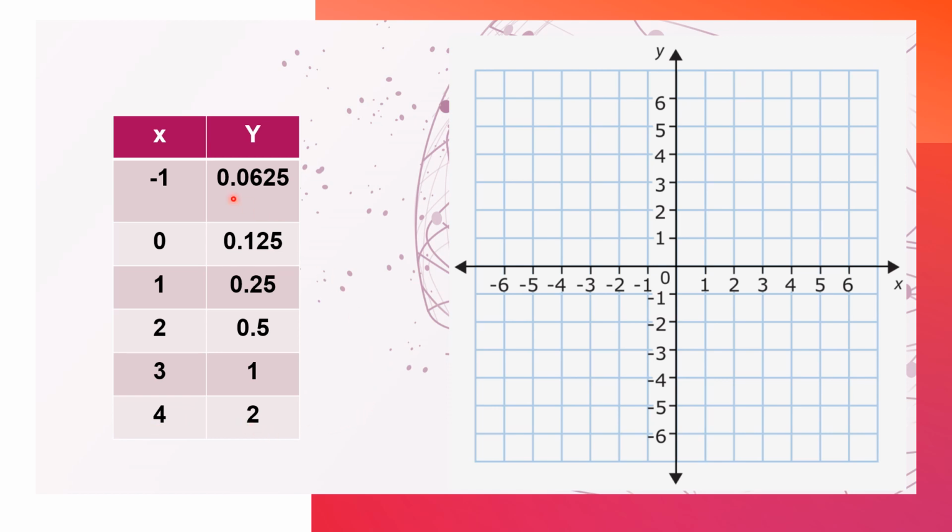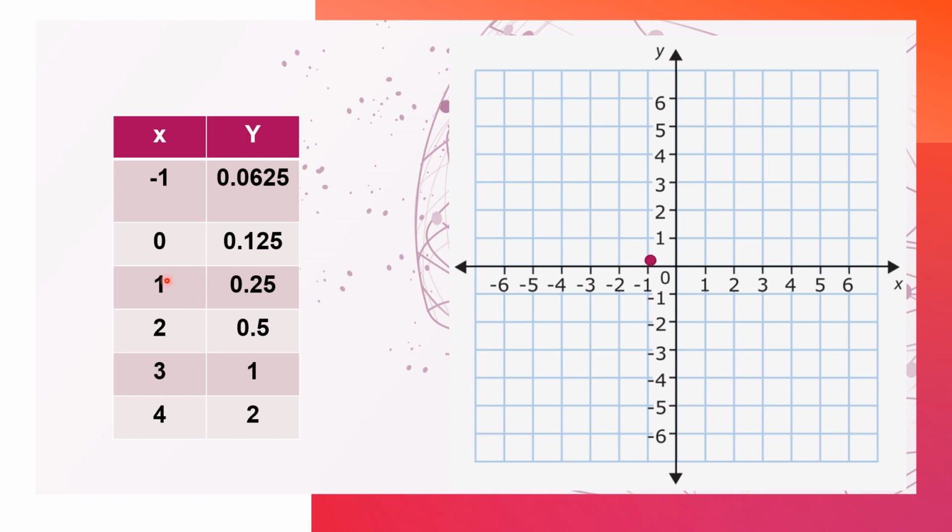So let's graph the first point. We're going to plot -1, 0.0625. -1 and 0.0625. Almost near to 0.